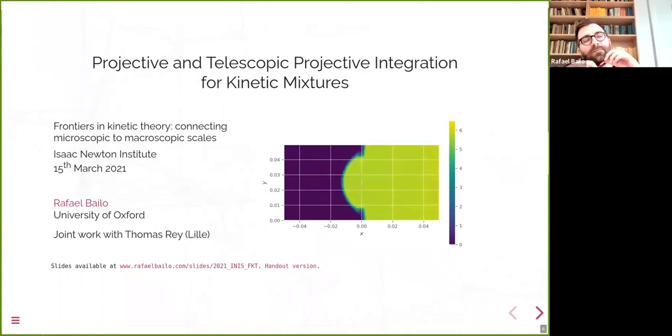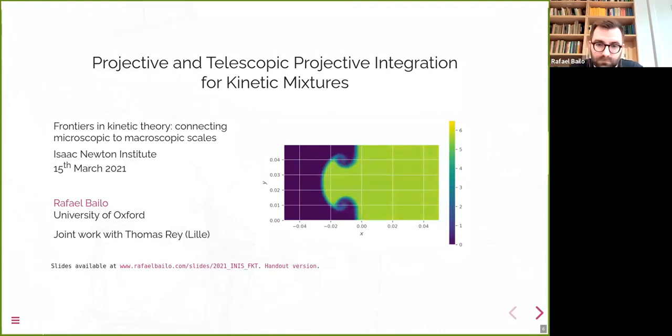In fact, when you make this collision rate depend on the density, or if you increase the mass ratio, then the separation becomes less clear, which is why you need to change your parameters a little bit. In the case of the mass ratio, the separation survives, but it just becomes less pronounced. Whereas in the case of making your collision rate depend on the density, the separation disappears completely, and you really need a method where all the stability regions merge.